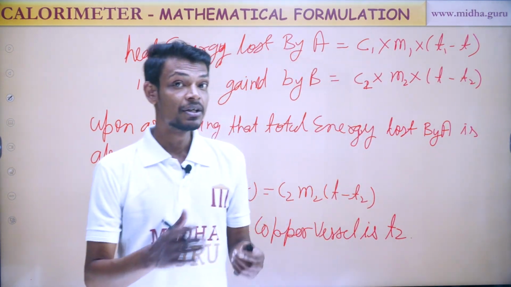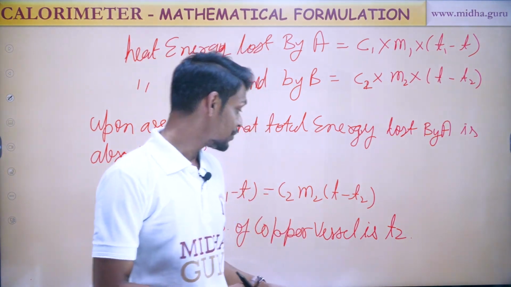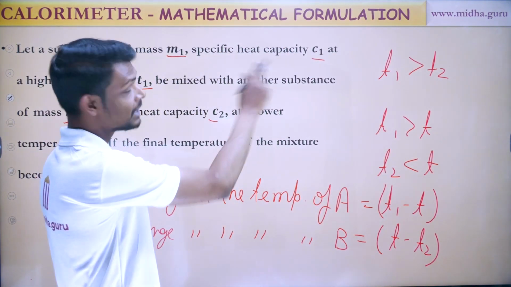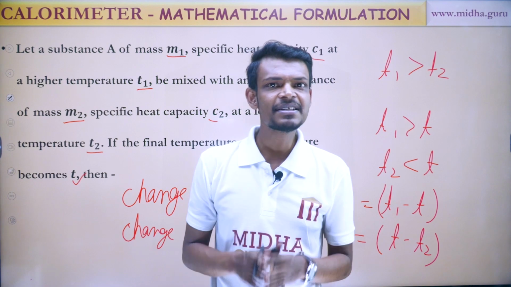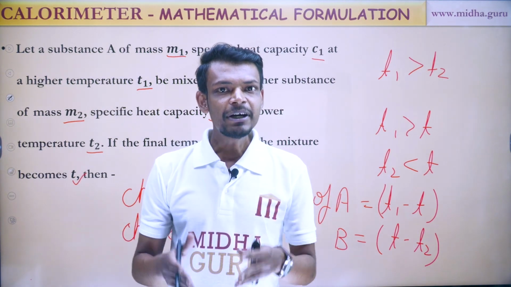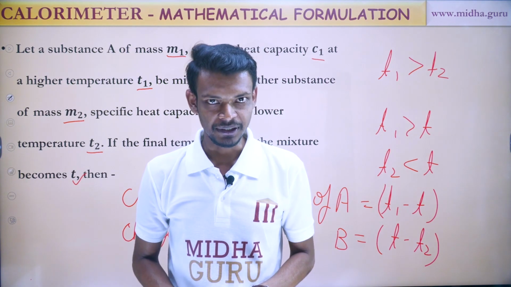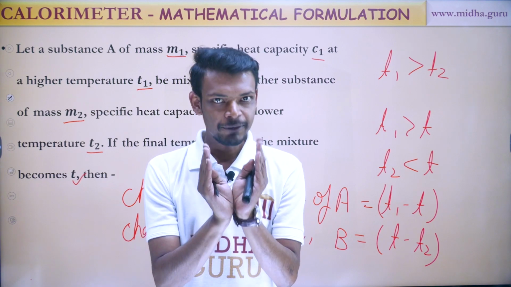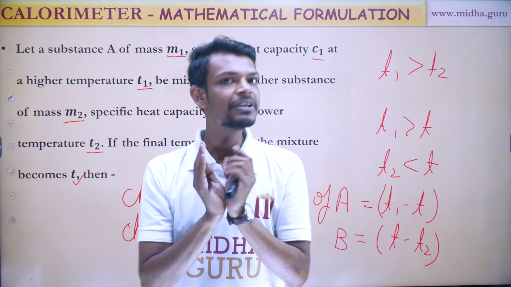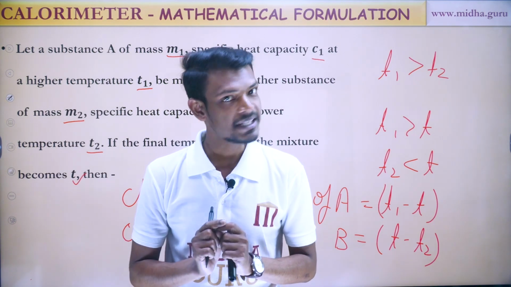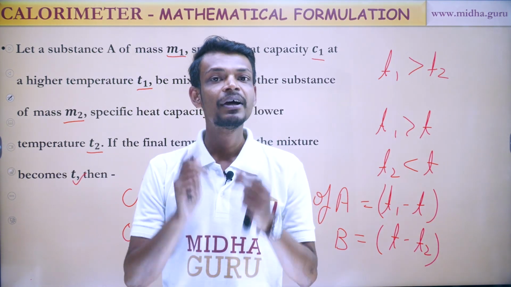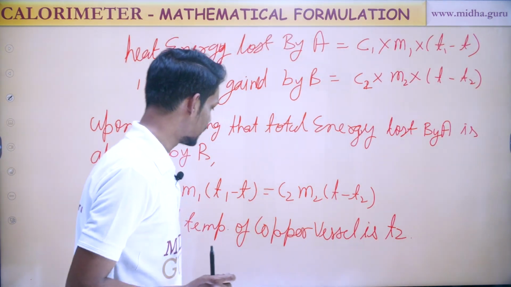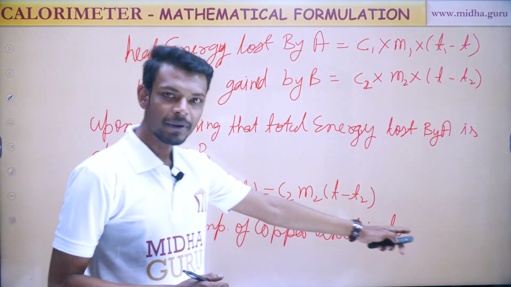You might be wondering why I am saying that, because T2 was the temperature already assigned to liquid B. The scenario is that liquid B is already present in the calorimeter. Since it is already present in the calorimeter, the temperature of liquid B and the temperature of the copper vessel inside the calorimeter have to be the same. They will be at the same temperature, and that is why the initial temperature of the calorimeter, or in simple terms the copper vessel, is T2.